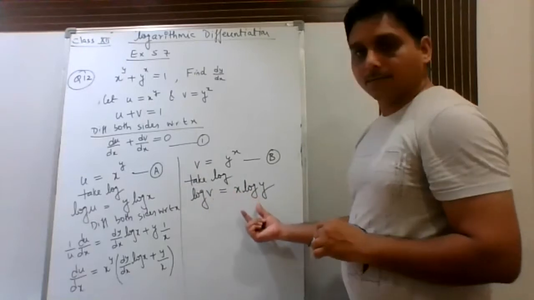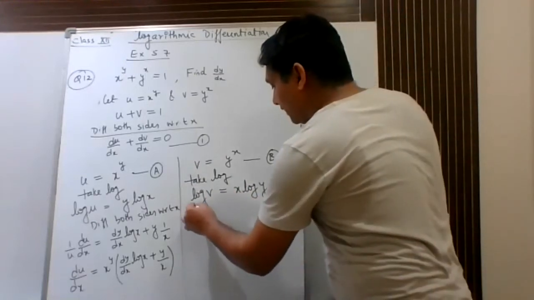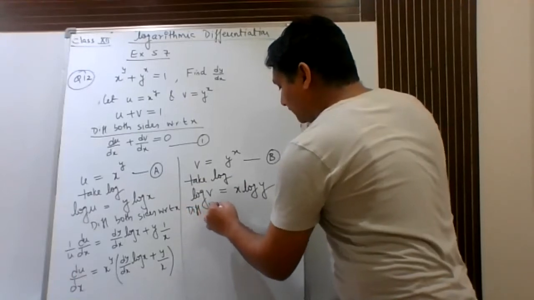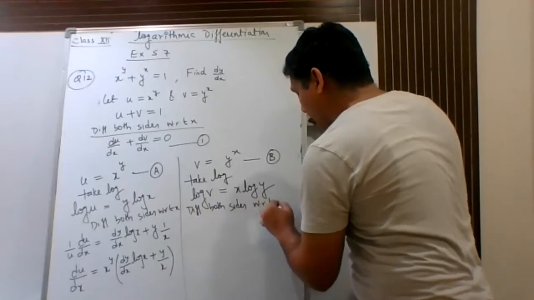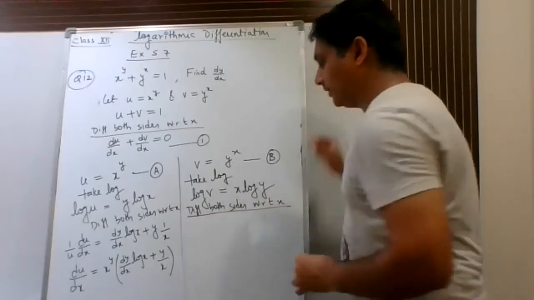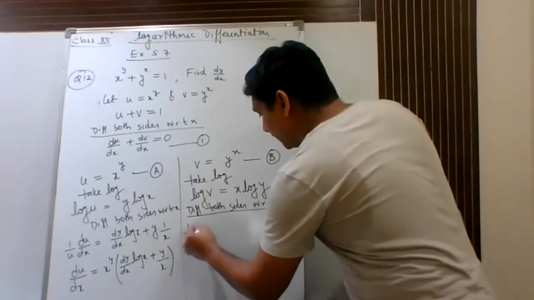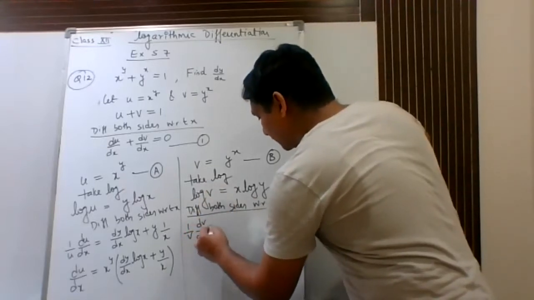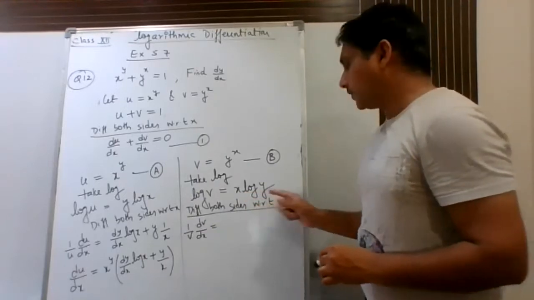By using that third property, this is what we can write. Now, we will write differentiating both sides with respect to x. So when you differentiate both the sides with respect to x, this will be 1 upon b dv upon dx is equal to, now here we need to apply product rule.